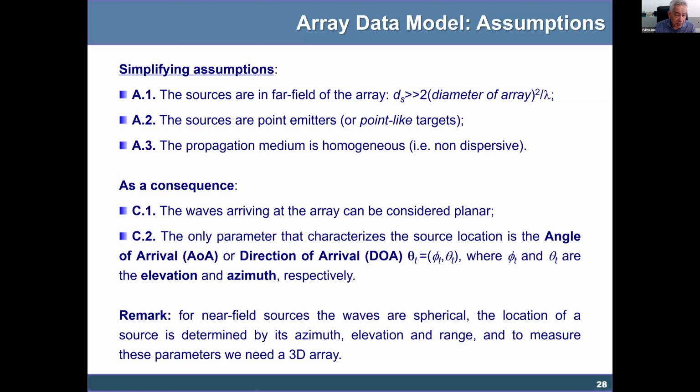The second assumption is that our sources that are in the far field can be modeled as point emitters, or sometimes point-like targets. So basically, we assume that the signal is generated in a point, not on a surface, not on a volume.